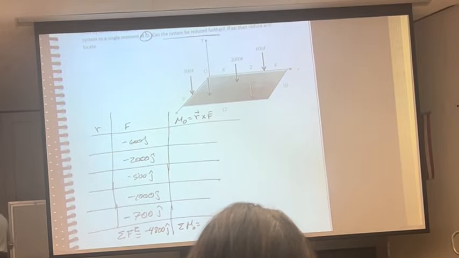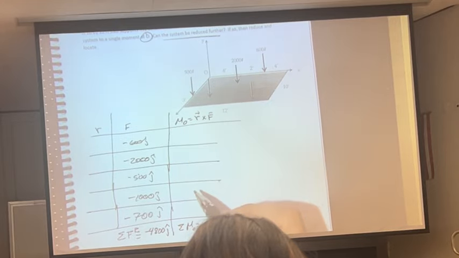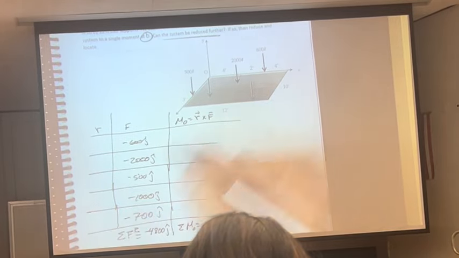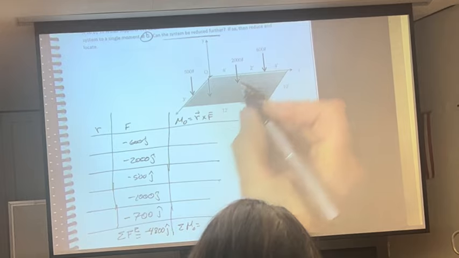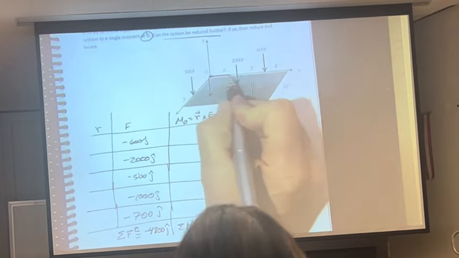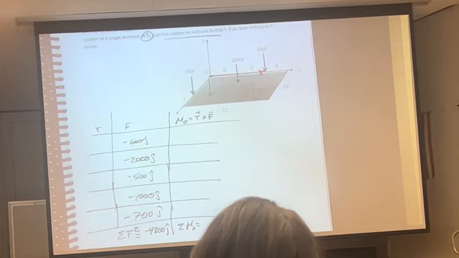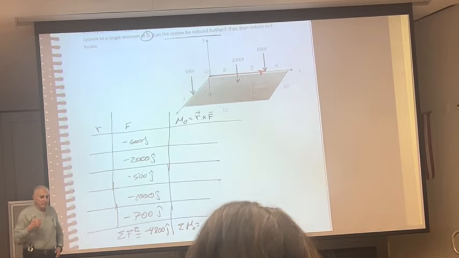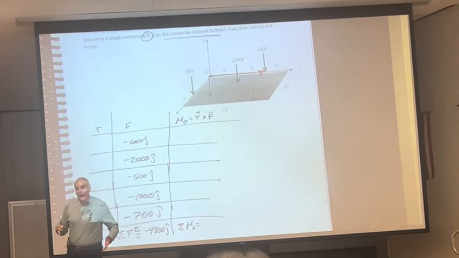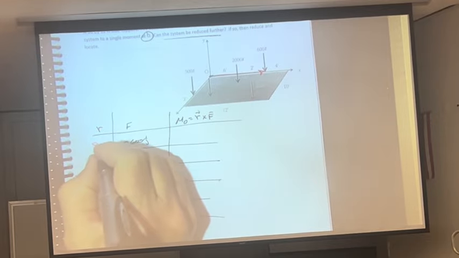Moment. I'm going to take moments about O. I need an R. So here's O to the 500 to the 600. We're going to go from O to there. What is that R? 8 what? 8I. Okay, so this would be 8I.